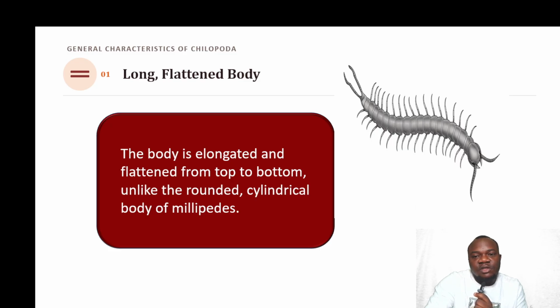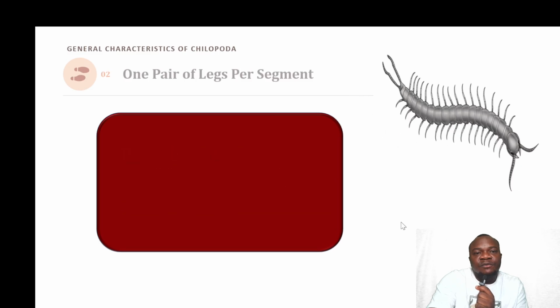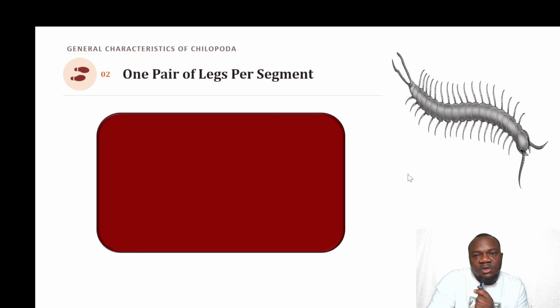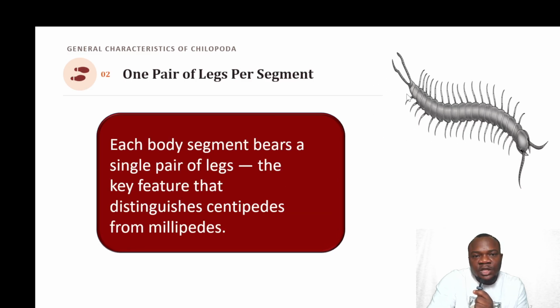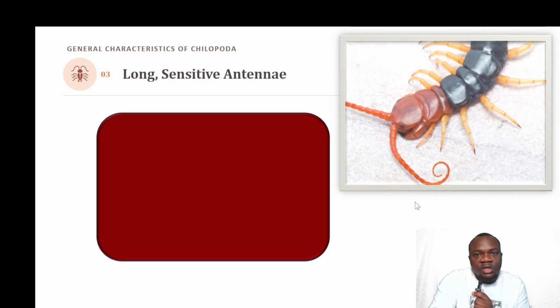So they're very different from the millipede. They have one pair of legs per segment. If you look, these are segments, and you can see they have one pair of legs per segment. This is the second segment here. So very important. And they have long sensitive antennae.